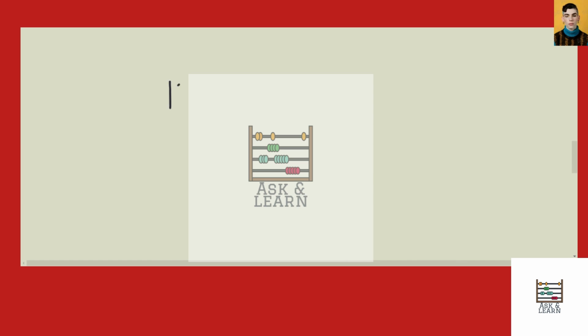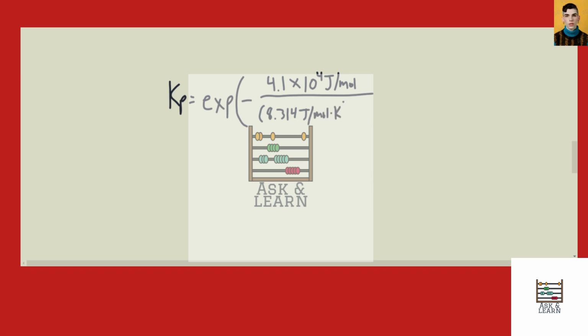So Kp equals e to the power of negative delta G, which is what we just solved for, 4.1 times 10 to the 4th joules per mole, divided by RT, where R is 8.314 joules per mole times Kelvin, times the temperature, which is 673 Kelvin.